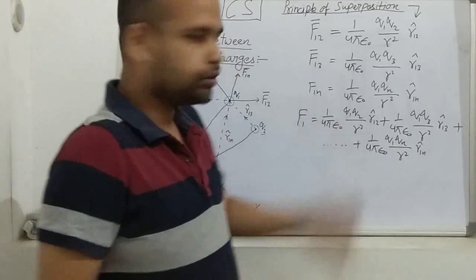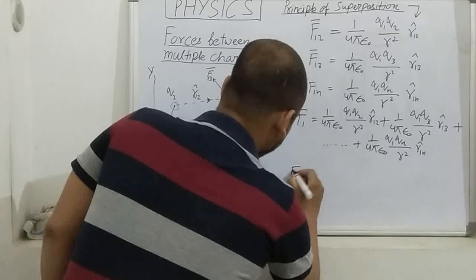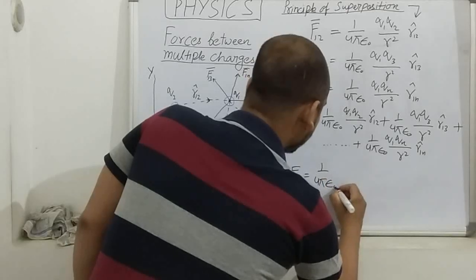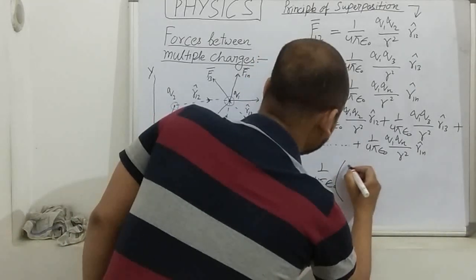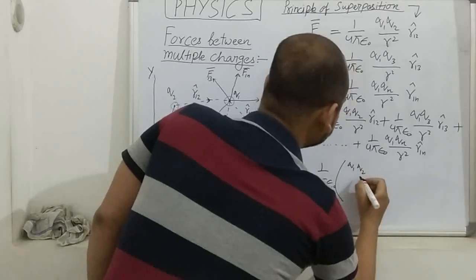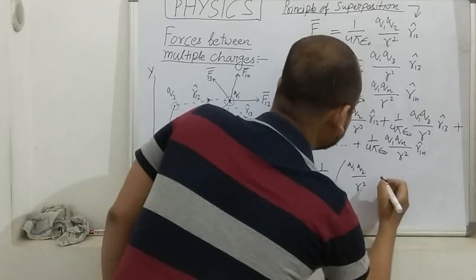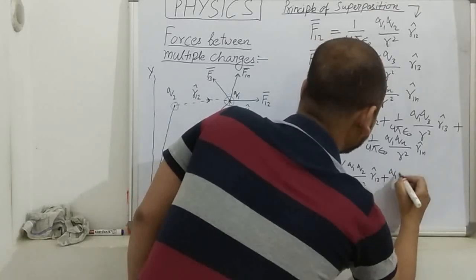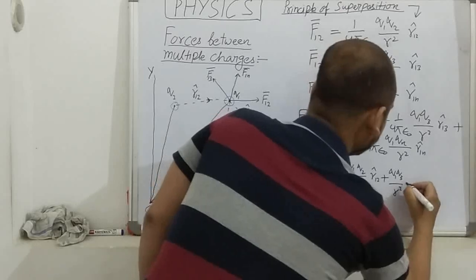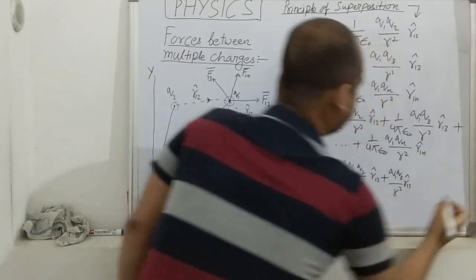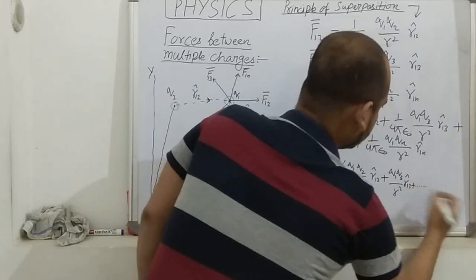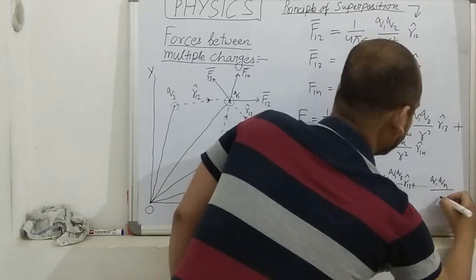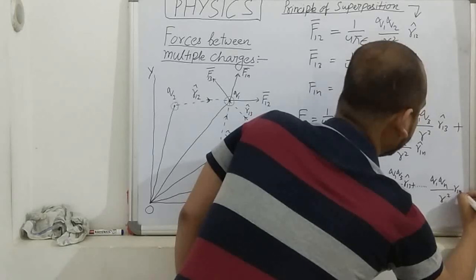So we'll take that common outside and we'll get F1 is equal to 1 upon 4 pi epsilon naught times Q1 Q2 upon R square R12 cap plus Q1 Q3 upon R square R13 cap and like this up to Q1 Qn upon R square R1n cap.